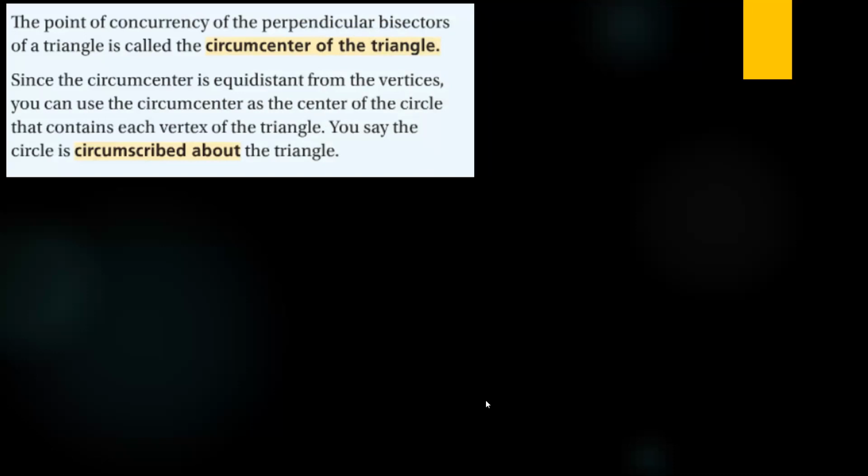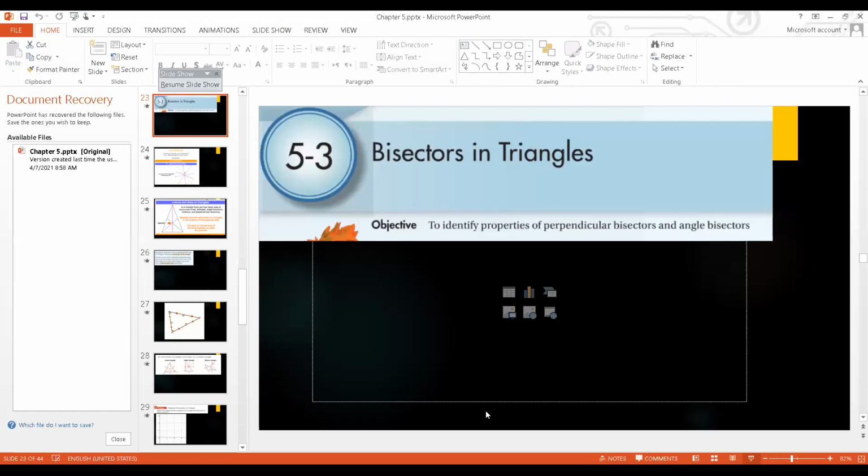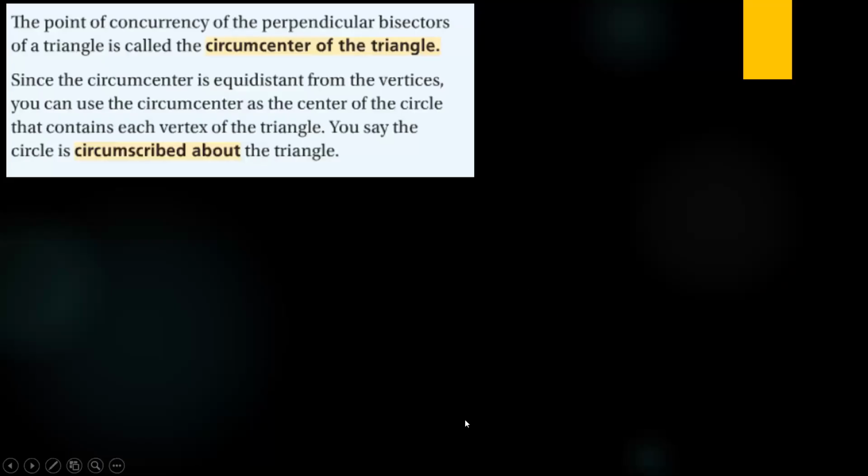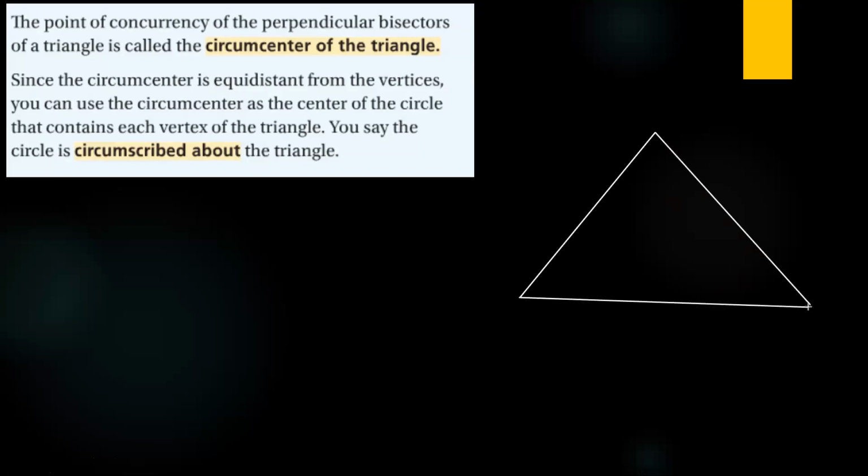The perpendicular bisectors are like if you have a triangle here, and I have a bisector that is perpendicular, from its name, perpendicular bisector.